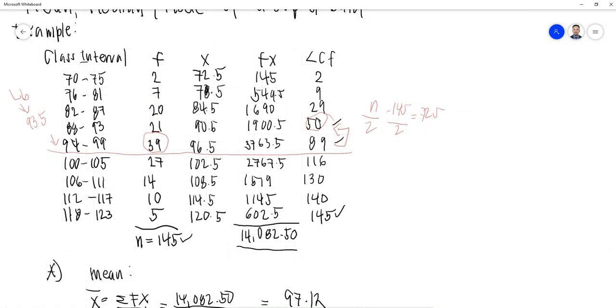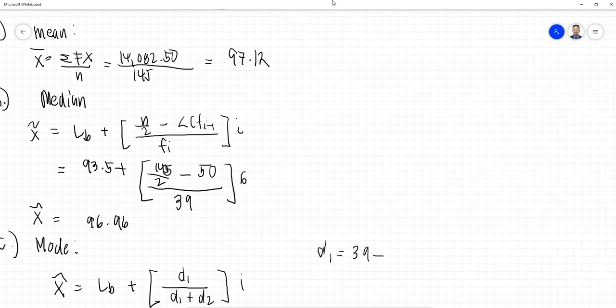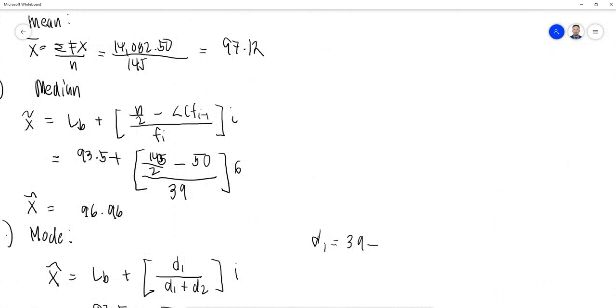The frequency before the modal class is 21. So we put here 21. Therefore, d sub 1 is equals to 39 minus 21, and that is 18.